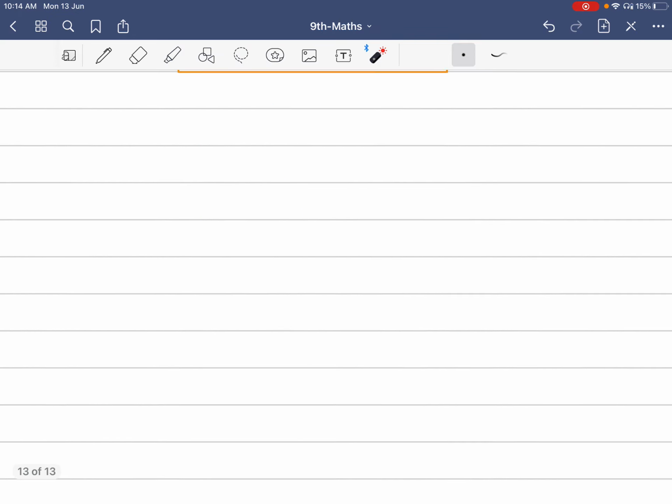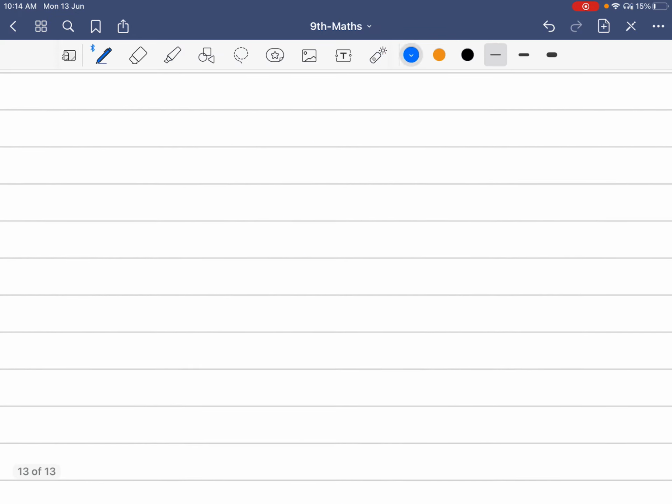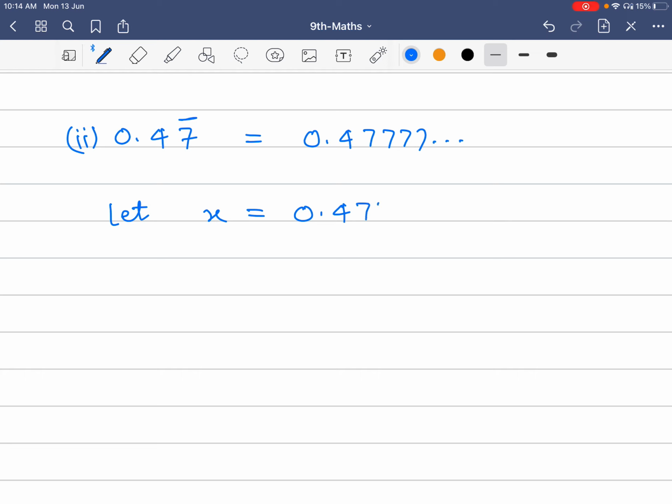Now let's go with our next question, 0.47 bar. Let me scroll down. Yes, so we have the second example, which is 0.47 bar. The bar is only over the 7, which means this is nothing but 0.4 and 7777 dot dot dot. So once again, the same format: let x be equal to 0.47777 dot dot dot. As I said before, since there is one digit under this bar, we have to multiply both the sides by 10.